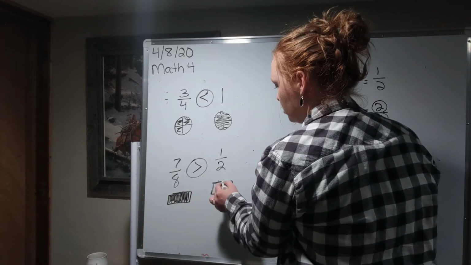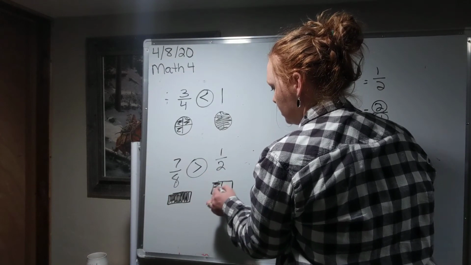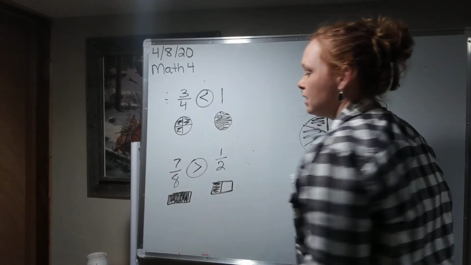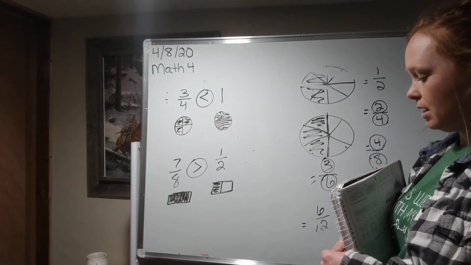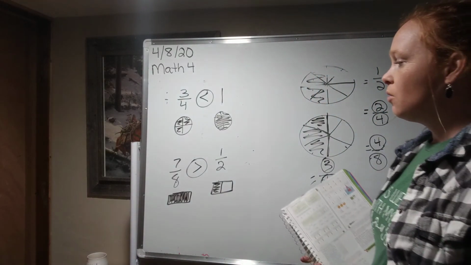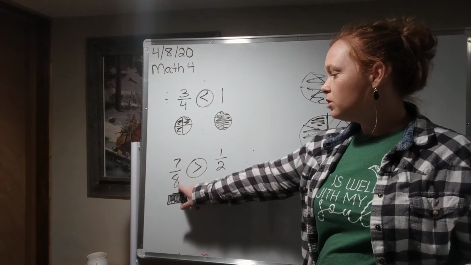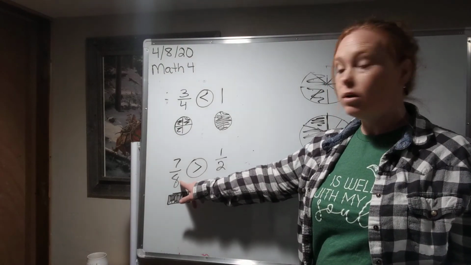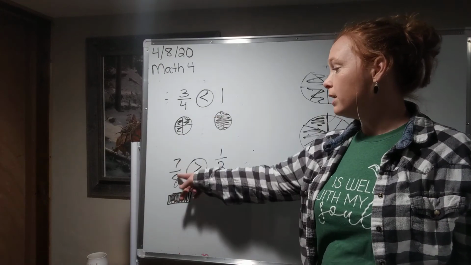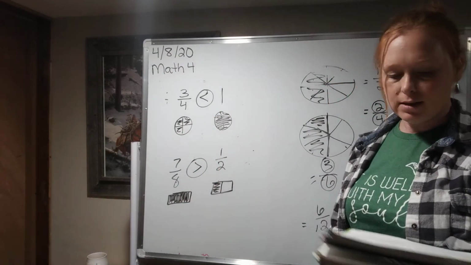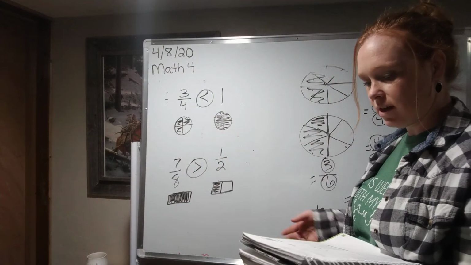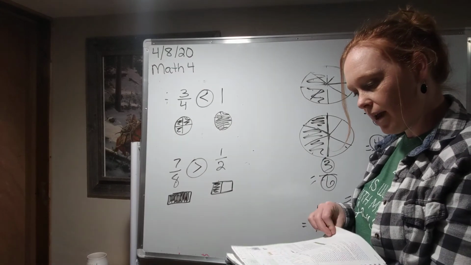And then this one, let's just cut it into 2 pieces and color it in. And I can see that this one is bigger. Okay, so you can work these out whichever way makes the most sense to you. But be thinking, is this close to a half or is this close to a whole? It's close to one whole, and one is bigger than a half. Okay, so that will go faster if you start to think about those in that way.